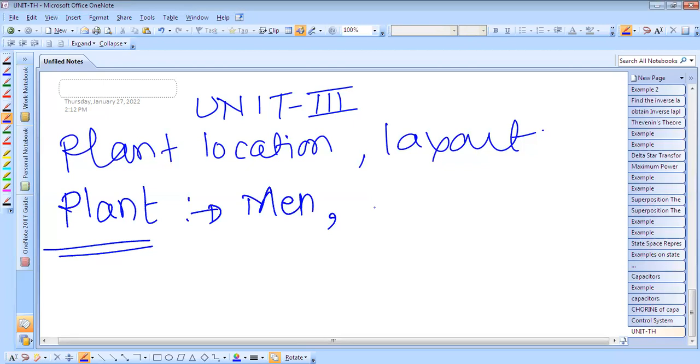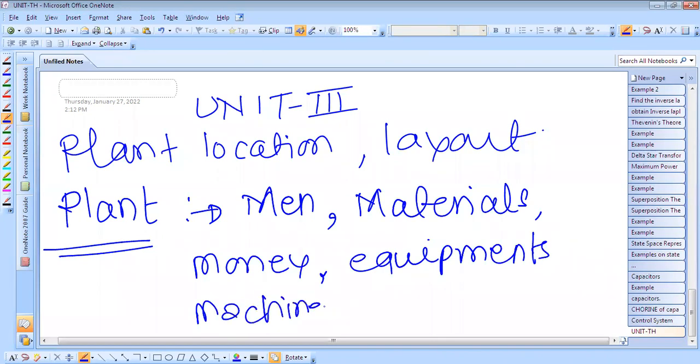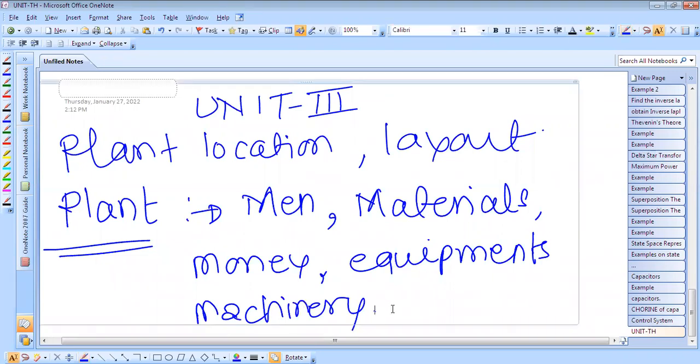Then there are the materials. We also have money. We also have different equipment, machineries. Okay, these are there in a plant, and for what purpose? These are brought together for manufacturing products.